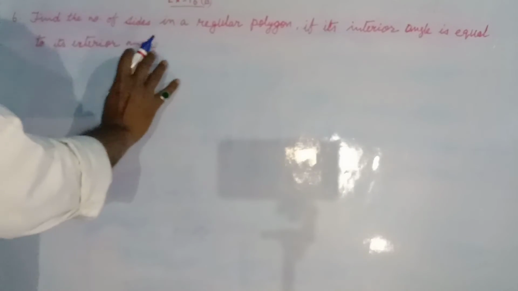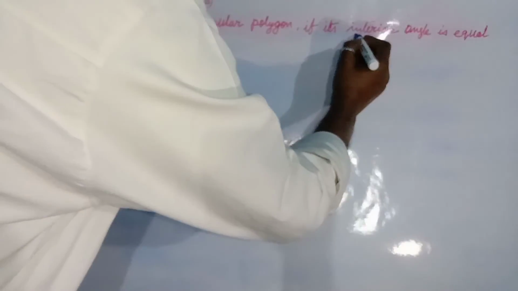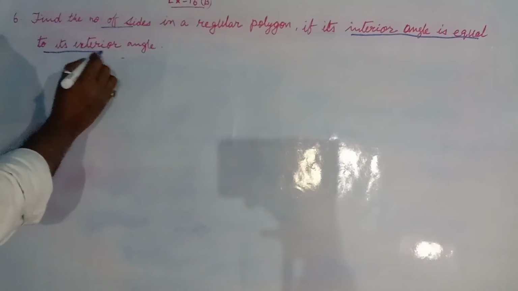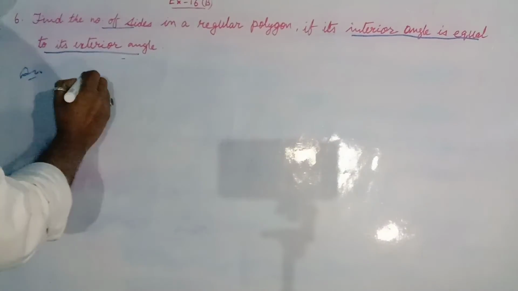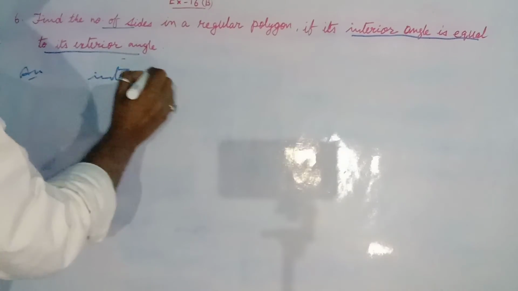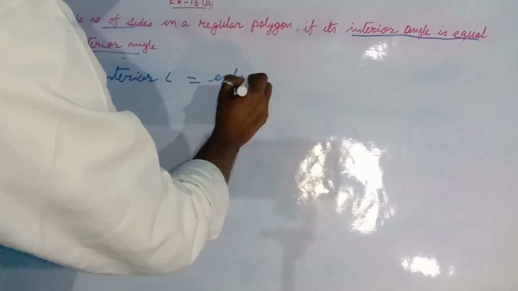Now we have question number 6, and it is to find the number of sides. We have to find the number of sides in a regular polygon if its interior angle is equal to its exterior angle. Here the interior angle is equal to its exterior angle. Now first we will write interior angle is equal to exterior angle.